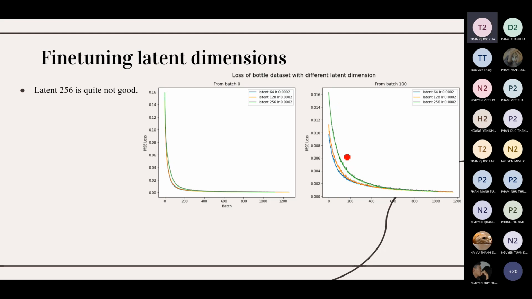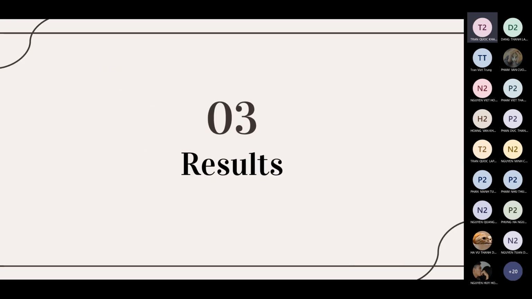And it is the same for 64 and 128, but this loss is only in the bottle data set. So to guarantee the performance on other data sets, we choose the latent dimension here, 128.